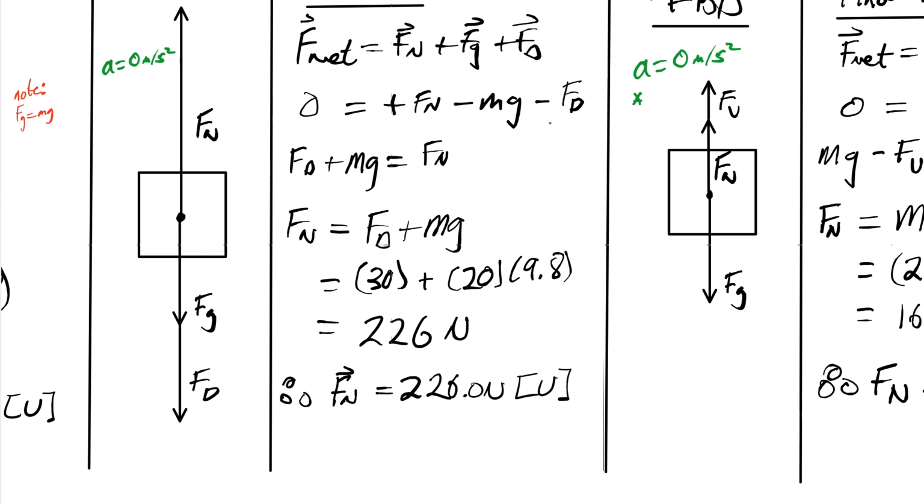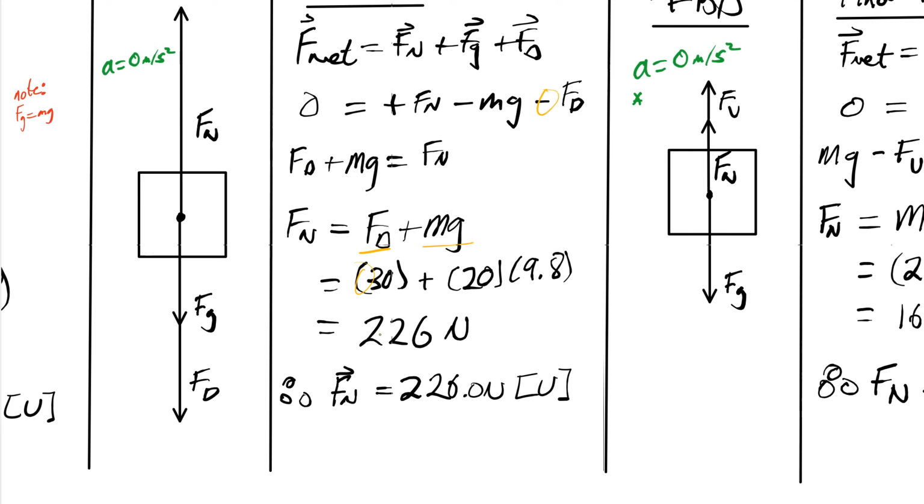So of course, the next step is we have to bring both these terms to the other side. The opposite of subtraction is addition. So when we bring them to the other side, they become positive. So we get Fd plus mg equals Fn, or Fn is equal to Fd plus mg. And remember, the Fd is just a magnitude because we already made it negative up here.